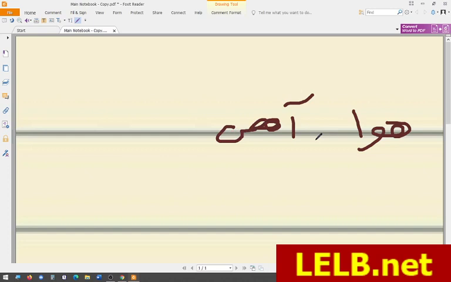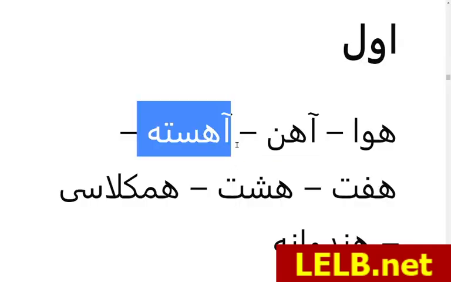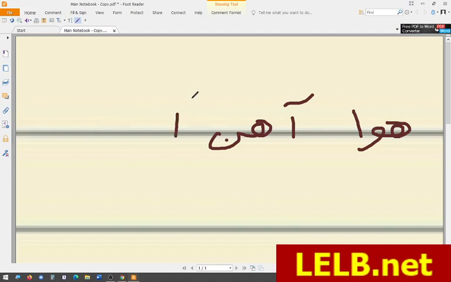Maybe I can write it better. Alef with a hat, Hey Docheshm, noon. Ahan, iron. Next, aheste. Alef with a hat, Hey Docheshm, seen, te with two dots, Hey Docheshm. Aheste means slow and also slowly. This is the initial Hey Docheshm.